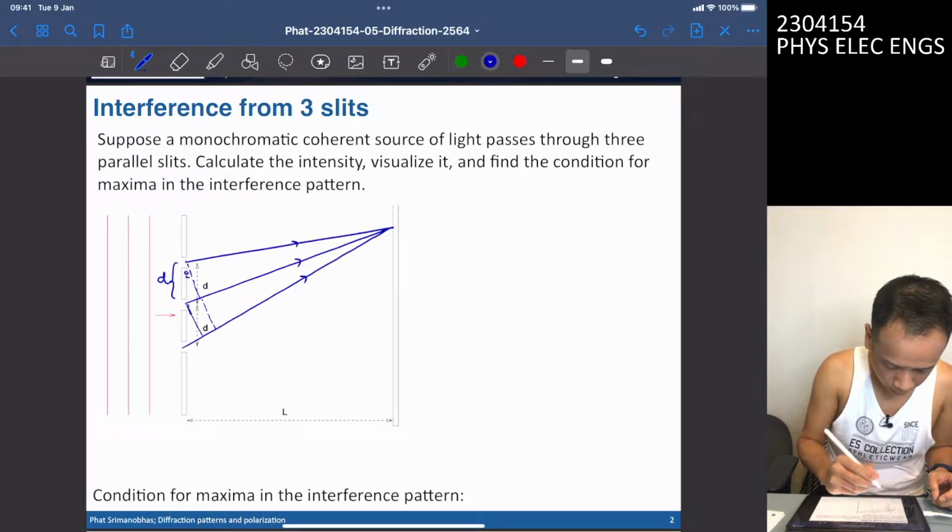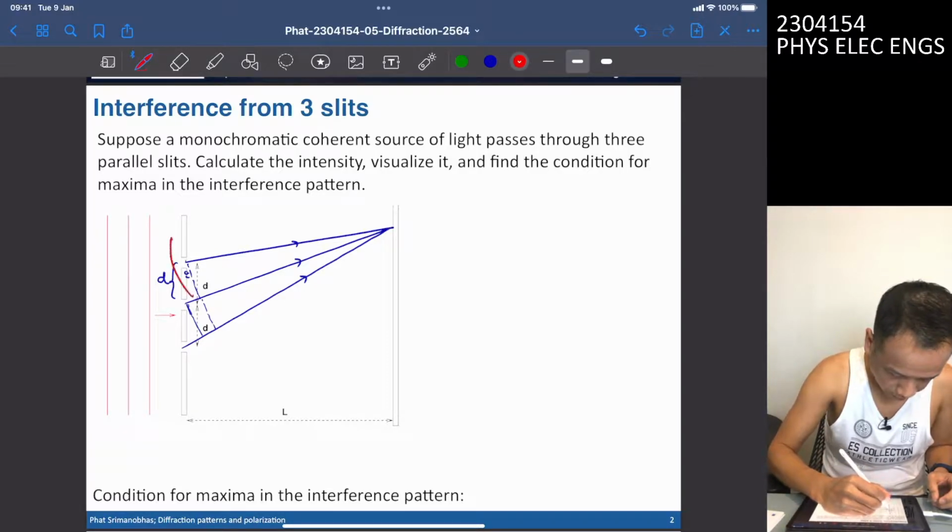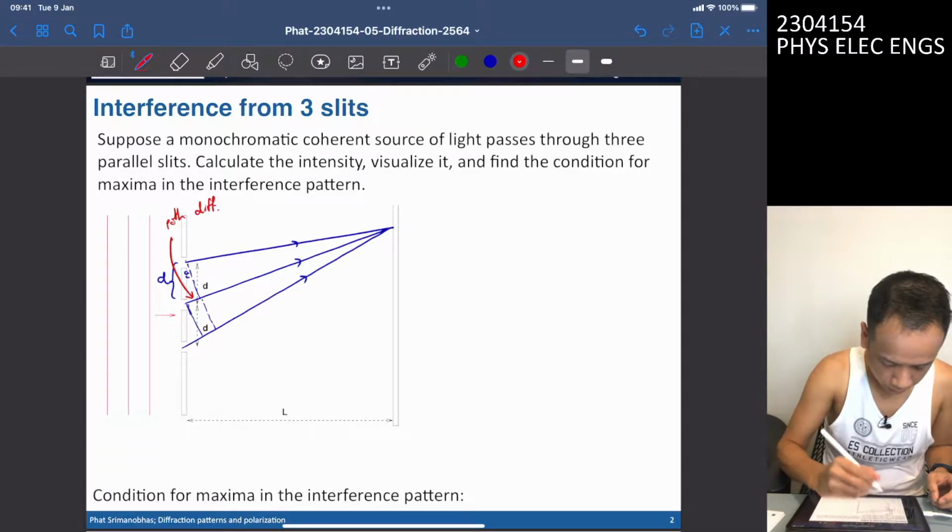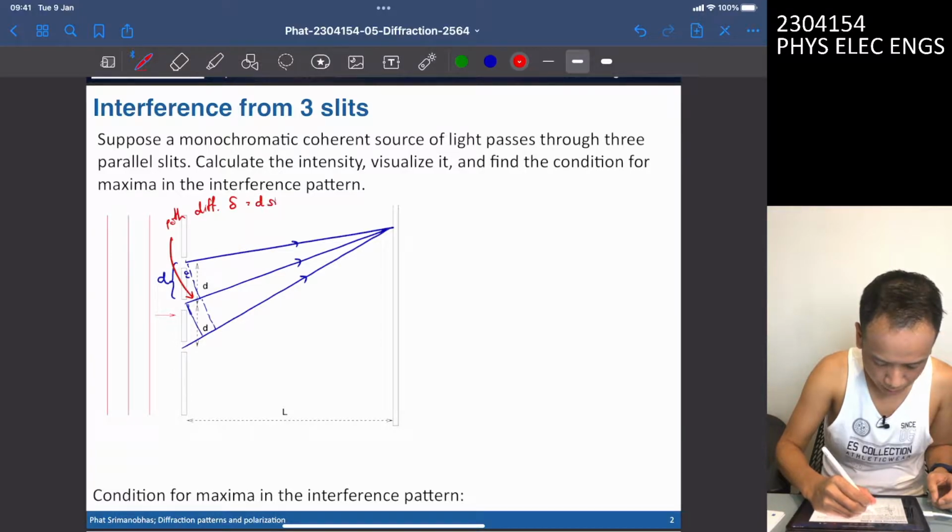This is theta. Same as before, the path difference delta is equal to d sine theta.